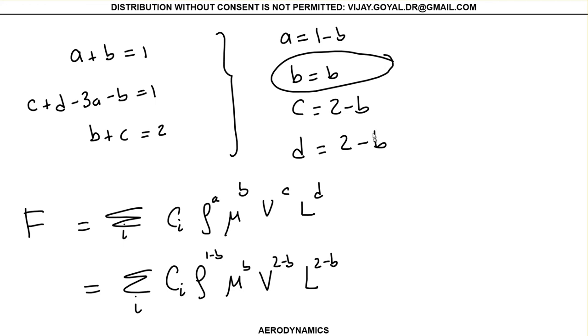So if I can rearrange this equation now, you can see I have a square, I have a square, I have a square. So I'm going to go to the next page. And so my F is equal to summation of Ci. I have rho, okay?